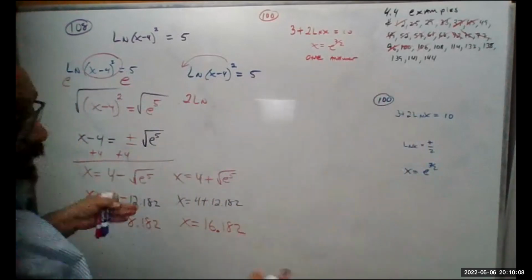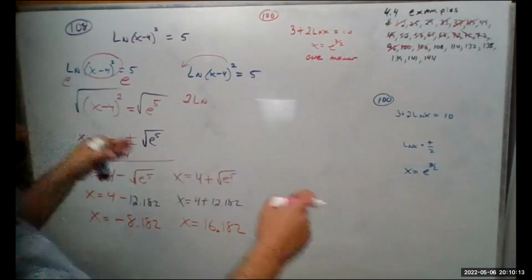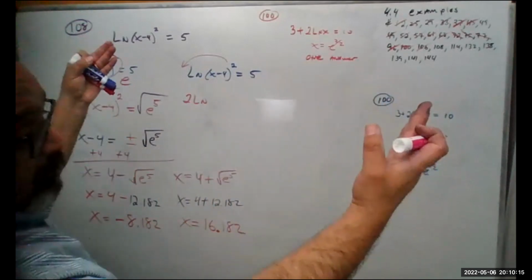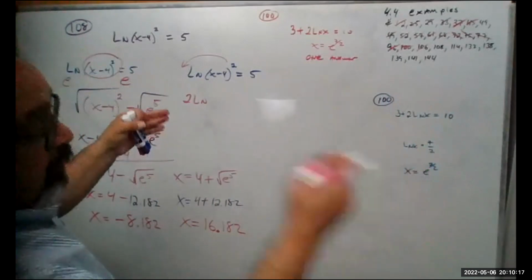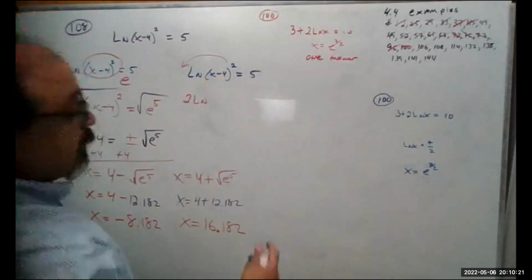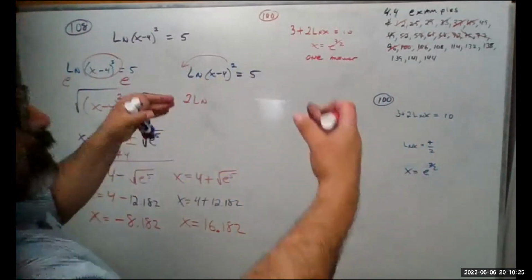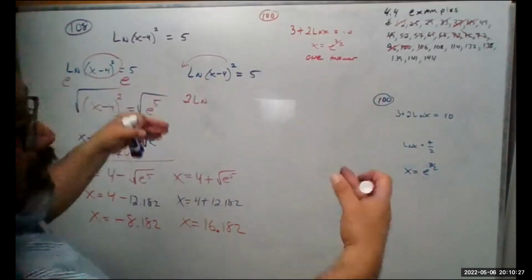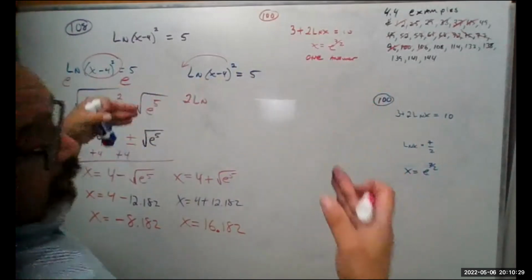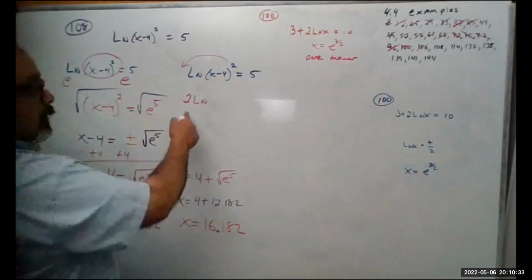You don't have the possibility of getting 2 different answers if you square something. 5 squared is 25. Negative 5 squared is still 25, one answer only. But when you take the square root of 25 and you're solving, you want all the possible solutions, because there's a possibility that both might work.